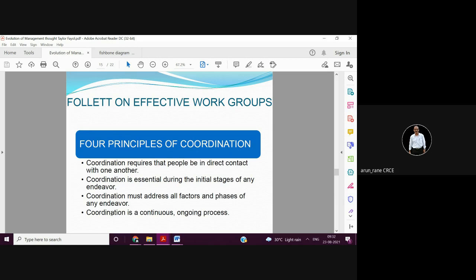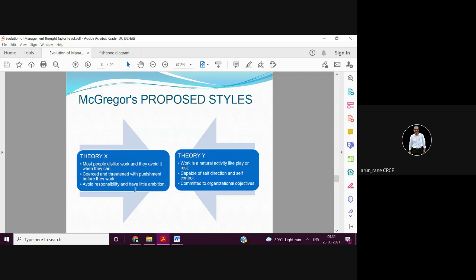Endeavor means work, and it is a continuous and ongoing process. Improvement is always a continuous process, and it has to be ongoing on a daily basis. If it is stopped, it's not a good thing for the business. So it is always an evergreen process.